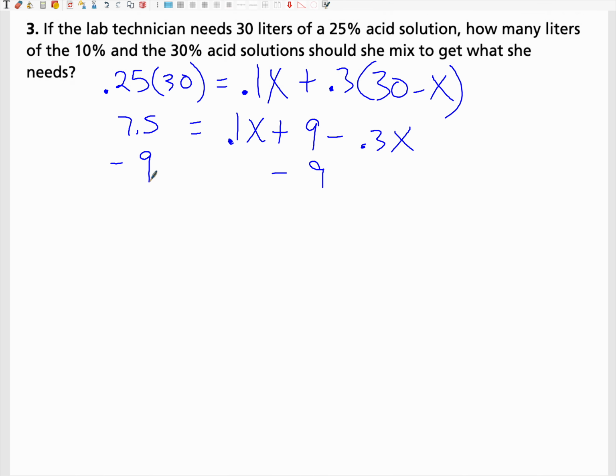Subtract 9, so negative 1.5 equals negative 0.2x. Divide by negative 0.2.